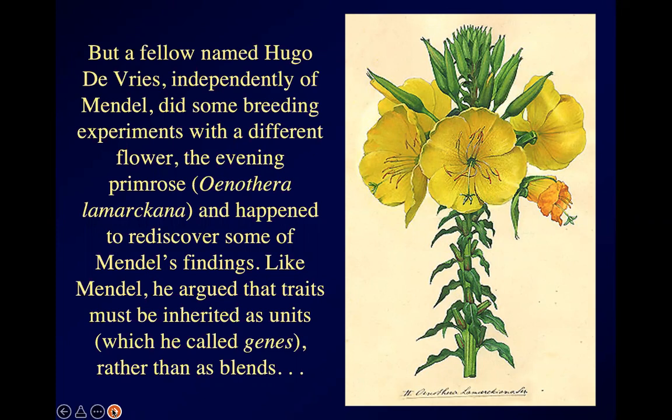Heredity was due to some sort of elements or particles rattling around inside cells, not like mixing paint or other fluids. Those units that he hypothesized must exist, he referred to as intracellular pangenes, which we have just whittled down to genes. So he's the guy that coined the word.